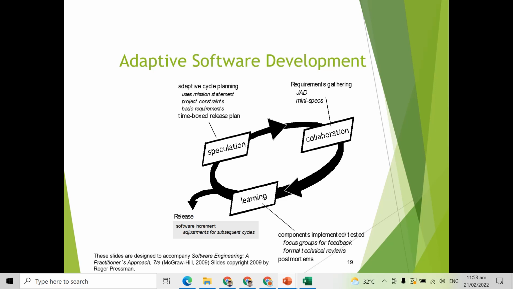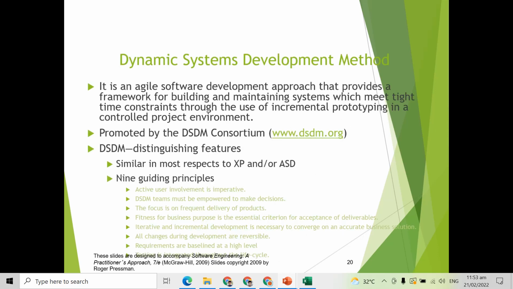Then requirements gathering, JAD, mini specs, which is the collaboration, and after collaboration it goes to learning. For the learning component: implemented, tested, focus groups for feedback, formal technical reviews and postmortems, and then release the software increment, adjusting for subsequent cycles.